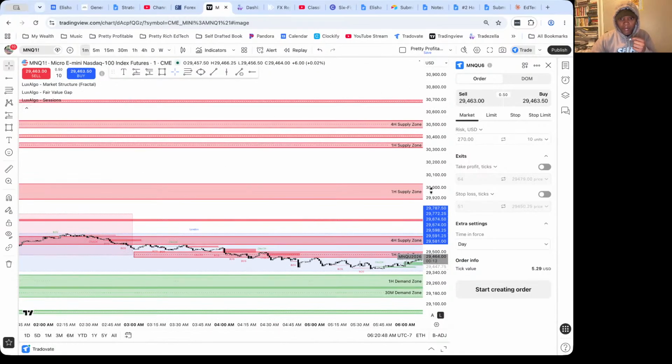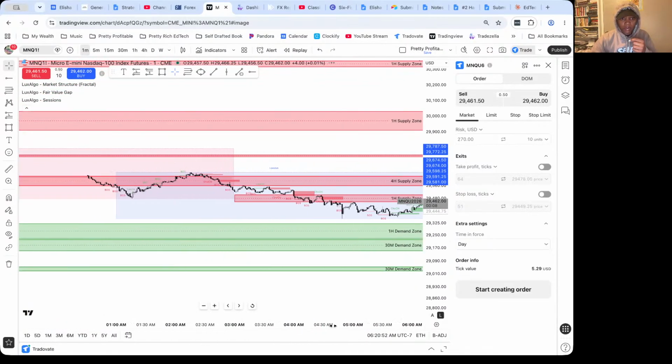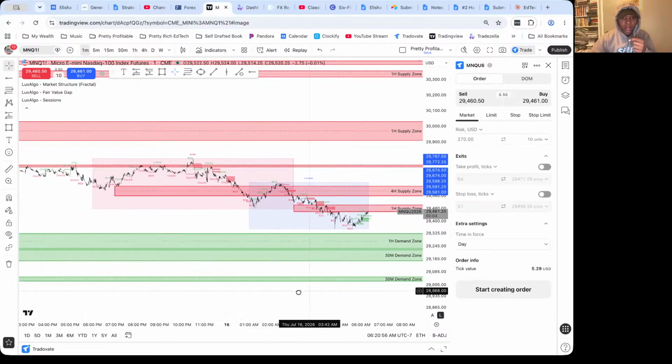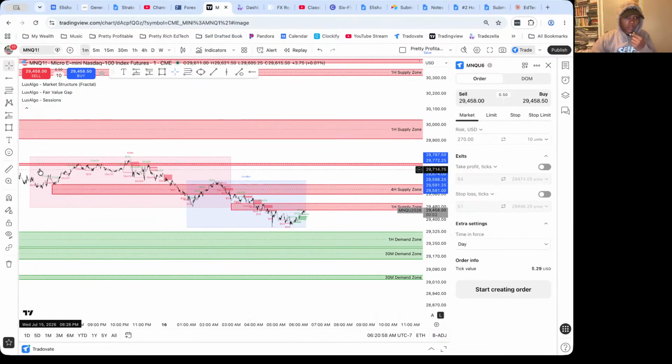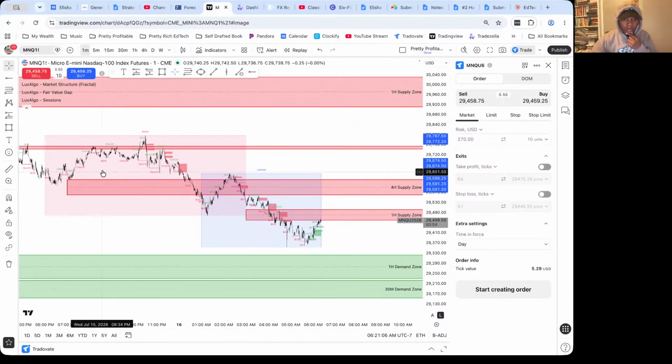So now I need to mark the London high and low for the day. Like what's the highest so far? Let's see what the Asian session did. So I had two downtrends. Asian session had some consolidation, but it had a dip.